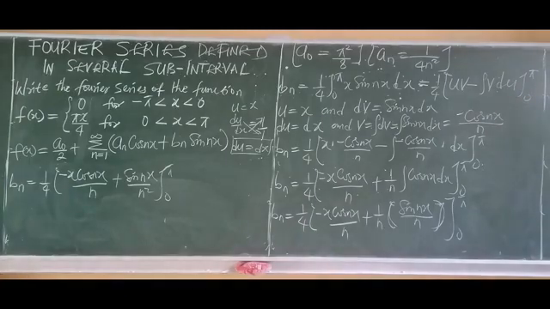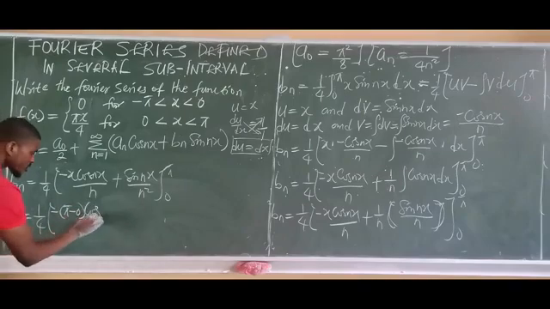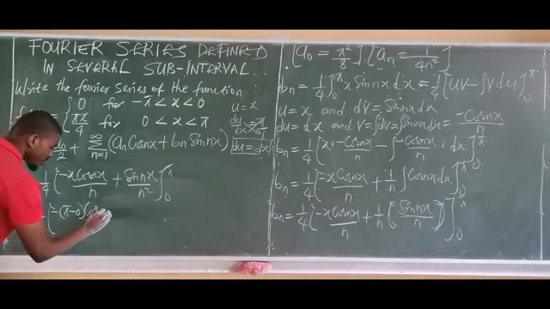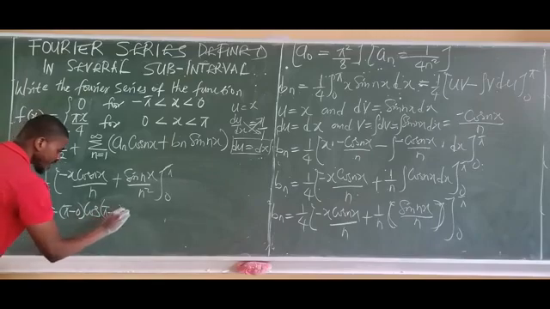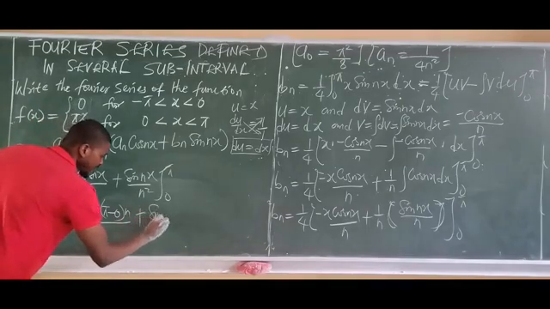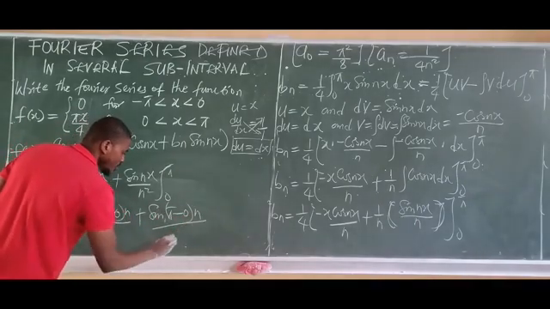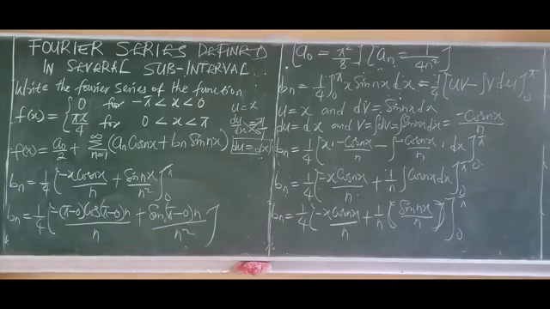So you can append the limits. Wherever I see x, I will put in my upper limit minus my lower limit. So I have minus x here, cos nx, in place of x, upper limit is pi, minus lower limit is 0, all over n, plus sine nx, upper limit is pi, minus lower limit is 0, all over n squared.